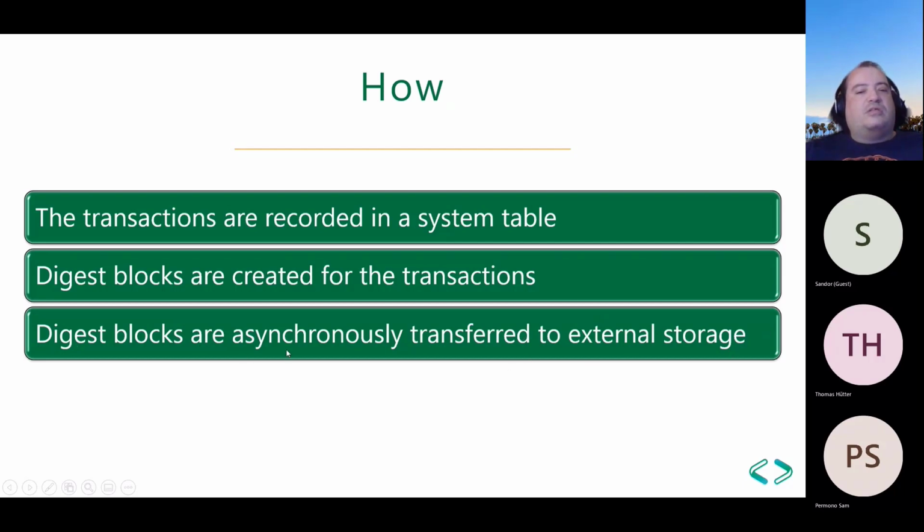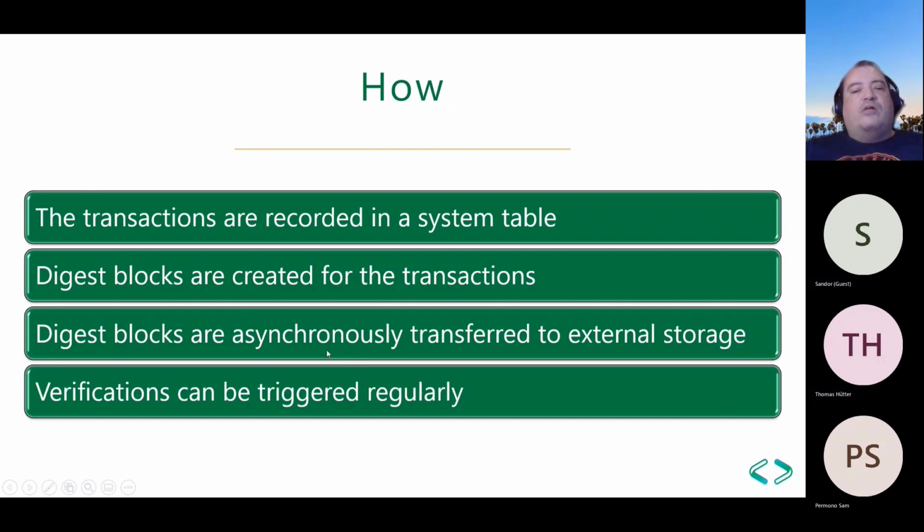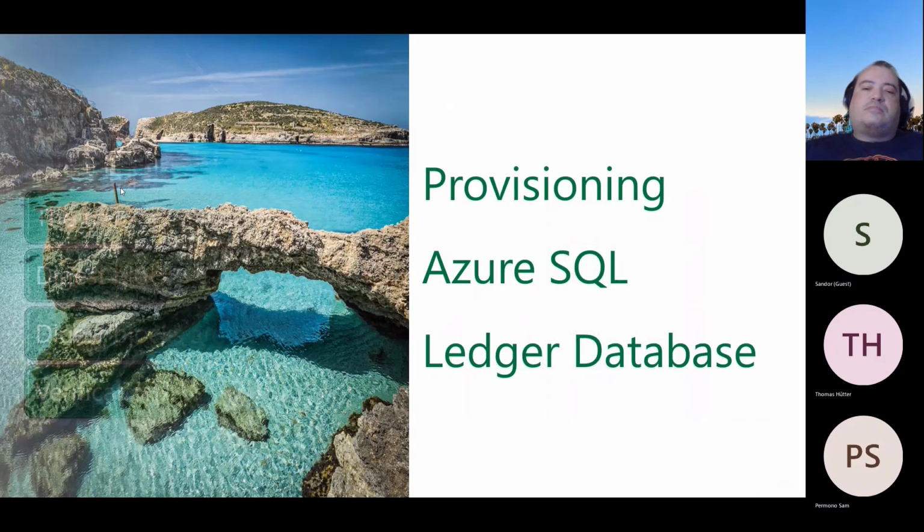The transfer is asynchronous, so it doesn't affect the workload of the database. Verifications can be triggered regularly, so we can trigger a verification of the data once a day, once a week.